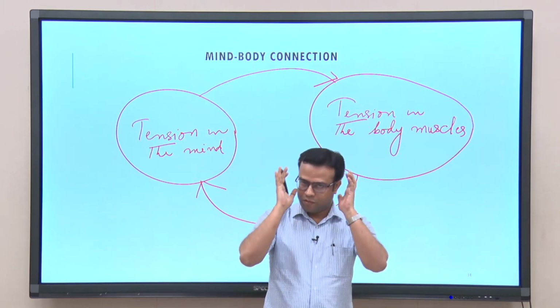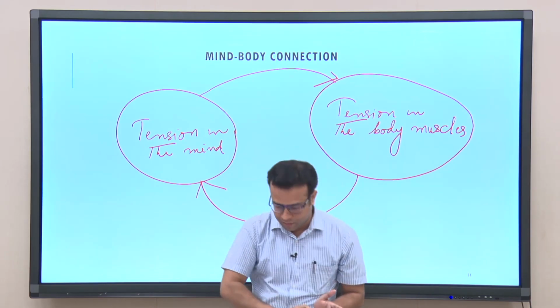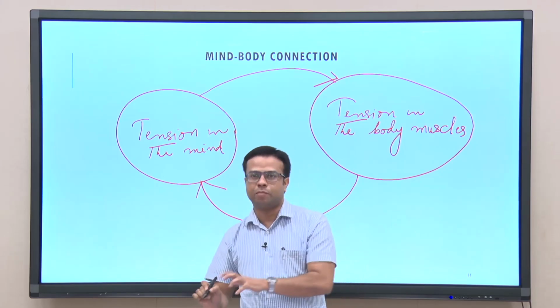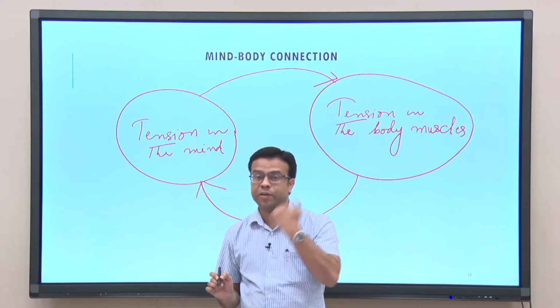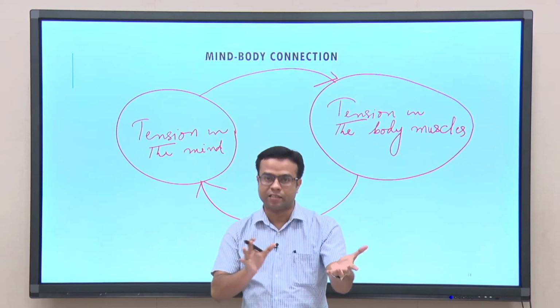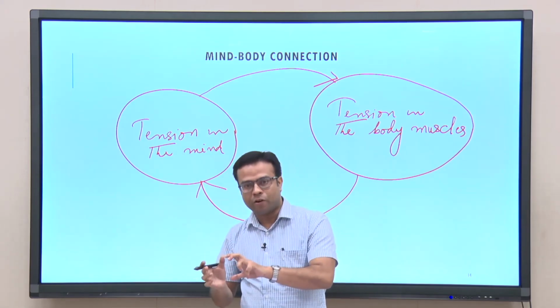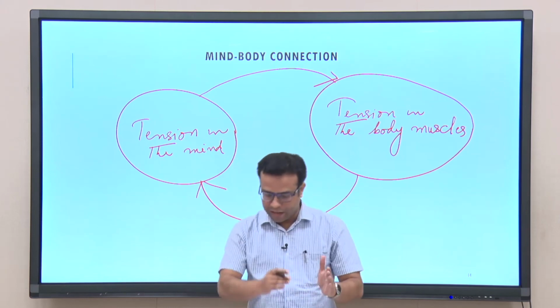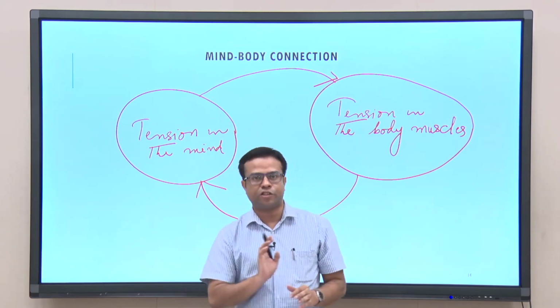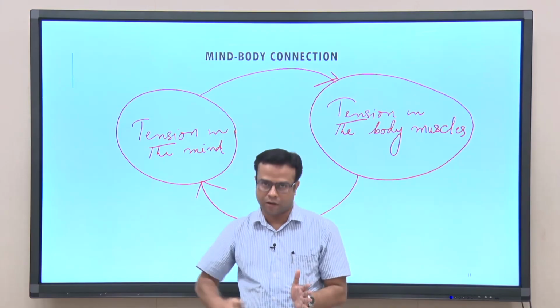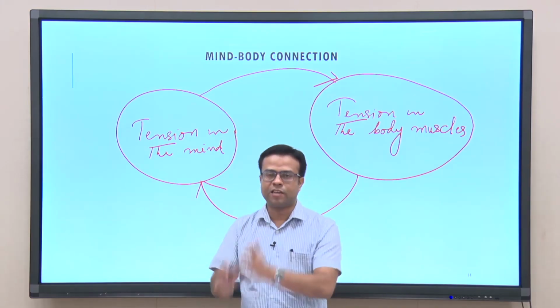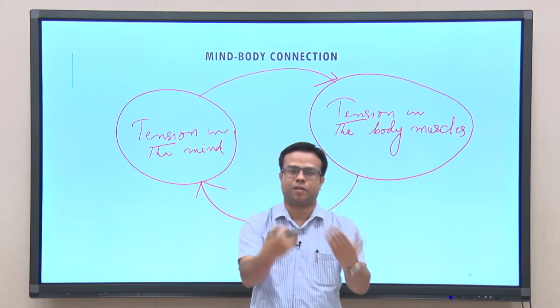So tension in the mind creates tension in the body muscles, which is experienced in terms of pains and aches in the body, and this tension in the muscles in turn increases the tension in the mind. It is a kind of vicious circle, one influences the other, then that again influences the other.